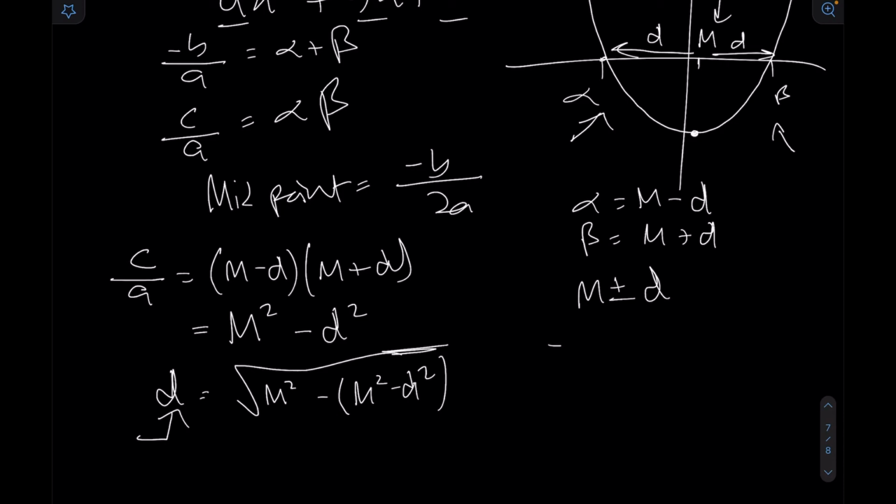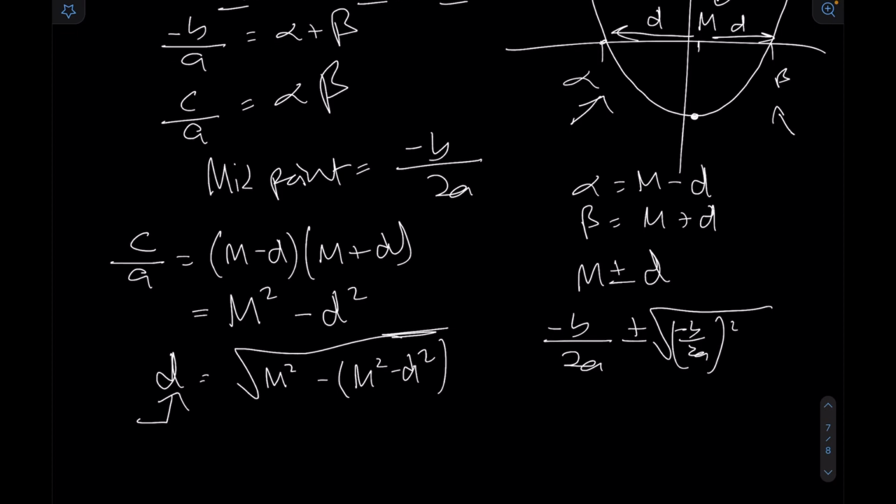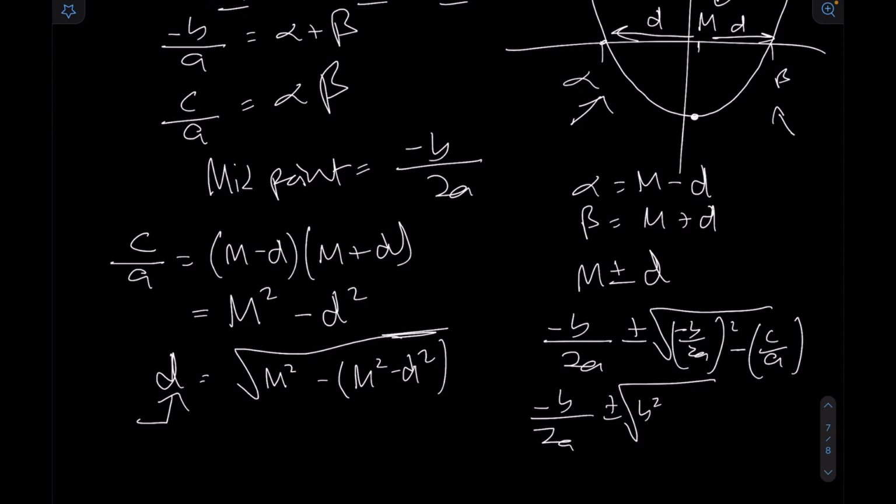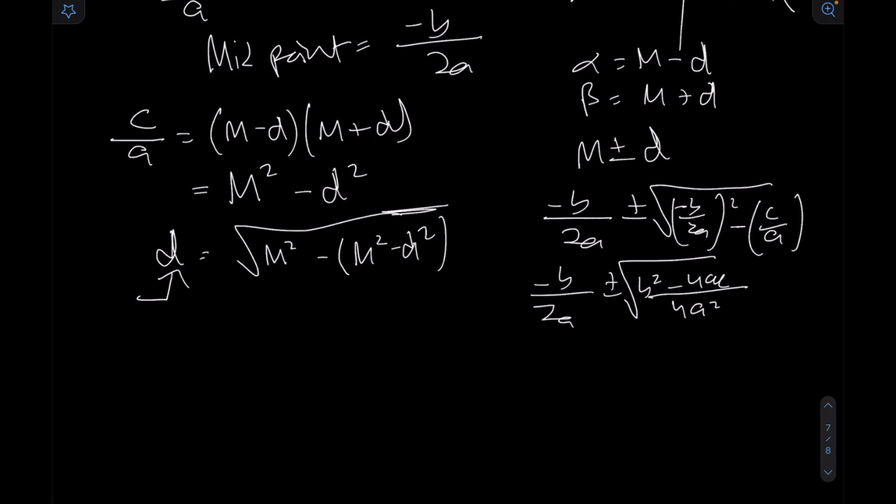So the midpoint is minus b over 2a plus or minus the square root of b over 2a, the whole thing squared, minus c over a, right? So if we just do a few simplifications, this would be b squared minus 4ac over 4a squared, and if we take the 4a squared out of the square root, we get our formula: minus b plus or minus the square root of b squared minus 4ac over 2a, and we are done.